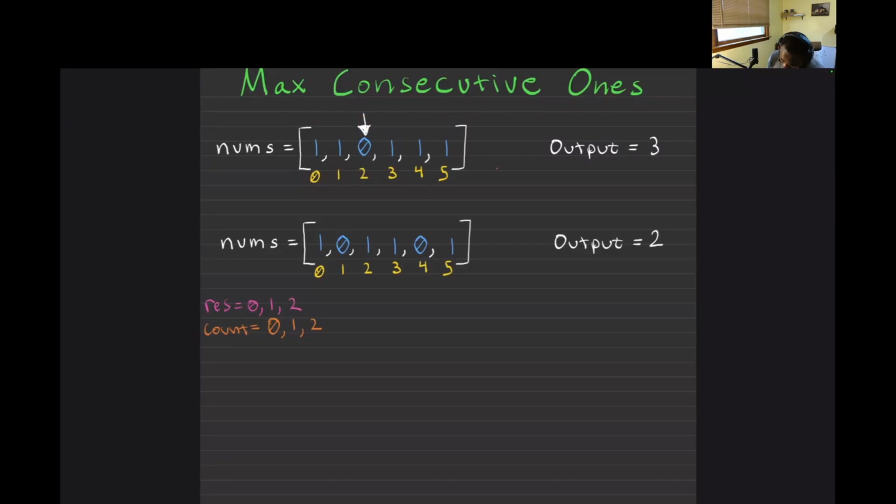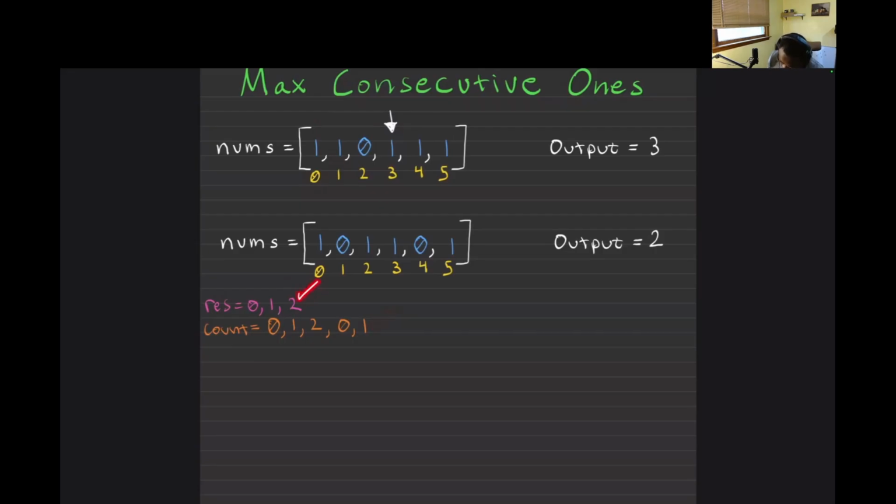So what happens when we land on a 0? When we land on a 0, we just reset our count to 0, right? And the max between our res and our count is still going to be equal to 2, right? So no logic changes there. Then we get here, and now our count becomes 1. What's the max between 2 and 1?